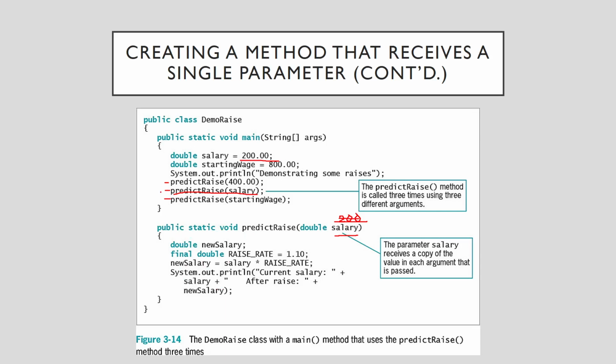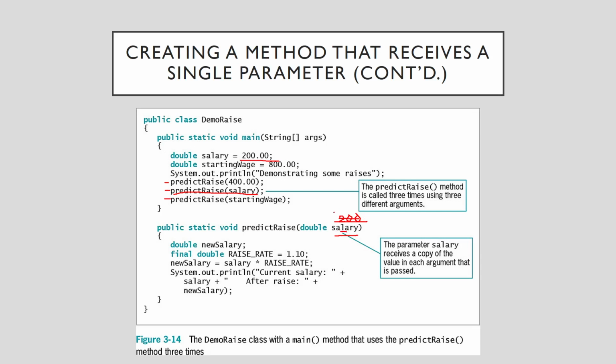After performing the first method call, another statement is another method call for predict raise, which passes the value of salary, which is 200. So at this time, the value of 200.00 is being passed and received here.